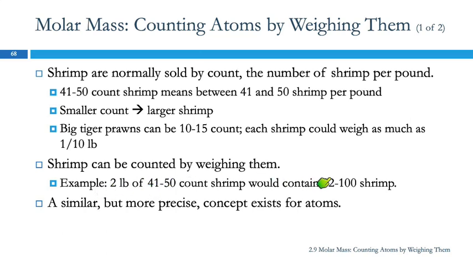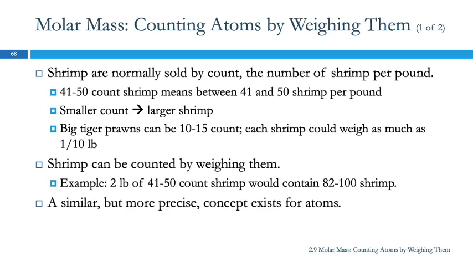If I have 2 pounds, then I have 82 to 100 shrimp. So if I want 200 shrimp, I would need at least 4 pounds. 4 pounds would give me at most 200. So if I wanted to make sure I had 200, I should probably buy some extra. Any questions about the idea of counting shrimp by weighing them?